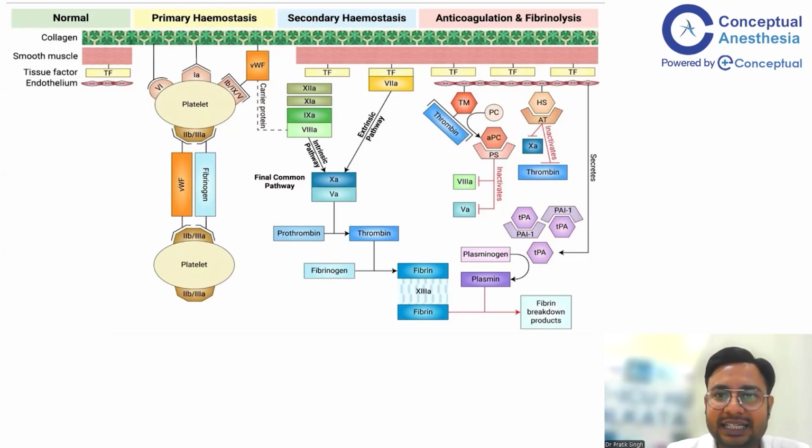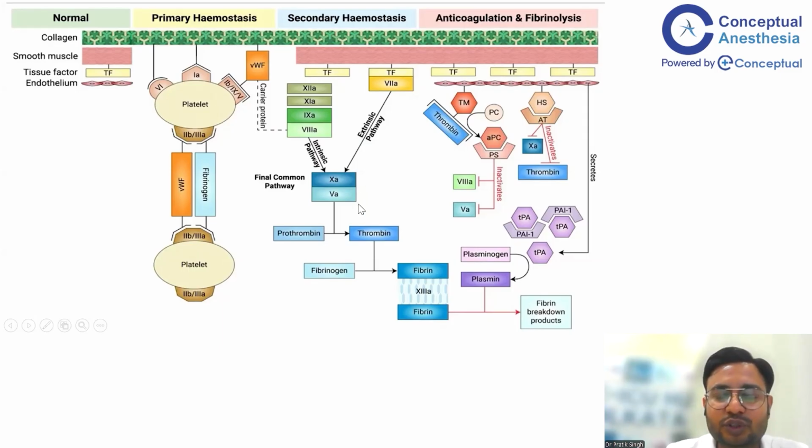And then the secondary hemostasis comes with the help of the coagulation cascade in the form of the extrinsic pathway and intrinsic pathway. Extrinsic starts with factor 7A, which becomes activated because of tissue factor. In case of the intrinsic pathway, it is pre-kallikrein and kininogen which come and activate factor 12 into 12A, 11 to 11A, and so on.